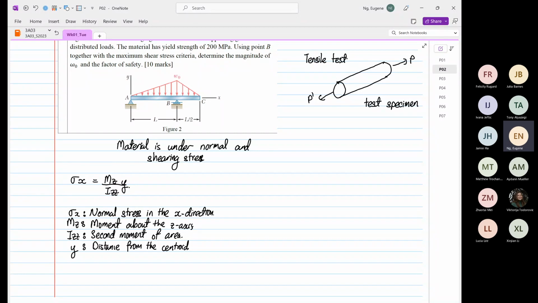Okay, so the material is under normal stress, which we apply this formula, and the material is also under shear stress. So the shear stress is equal to Vy over Izz, Qz divided by t. So what do we mean by that? Tau is the shearing stress.